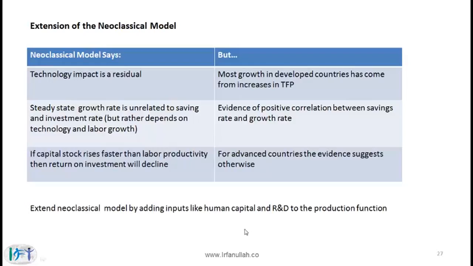So now let's look at some issues with the neoclassical model. The neoclassical model essentially treats technology impact as a residual.